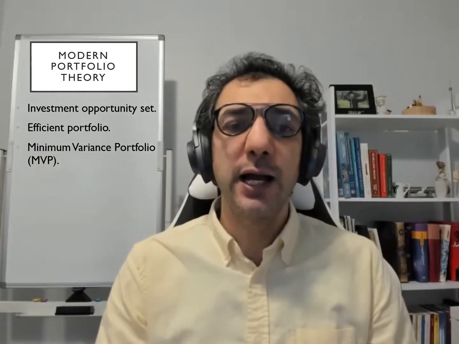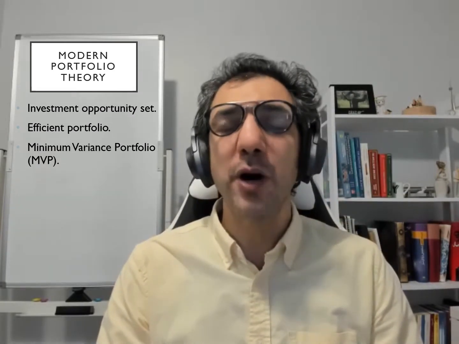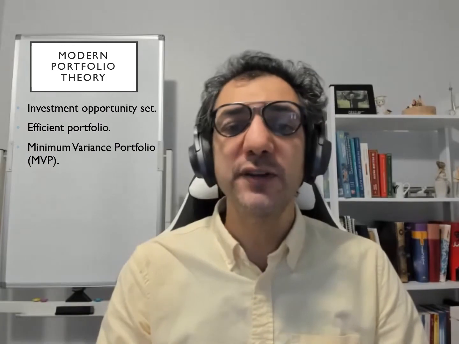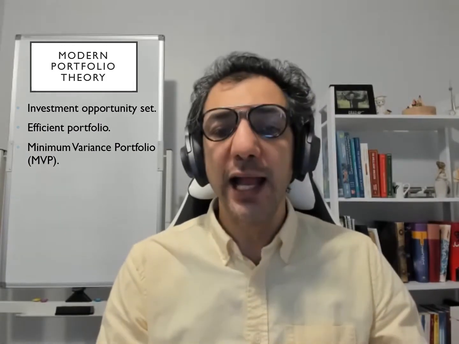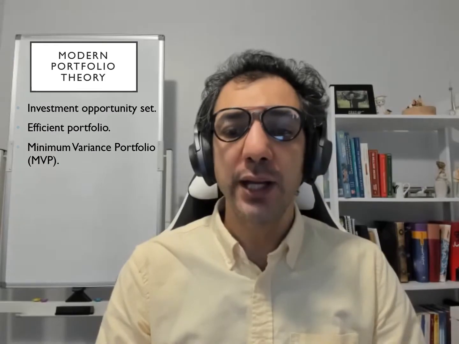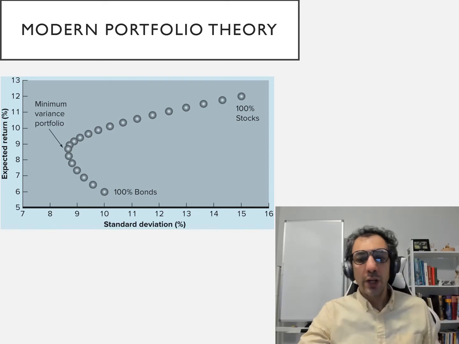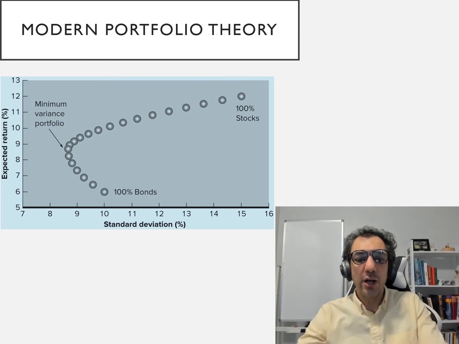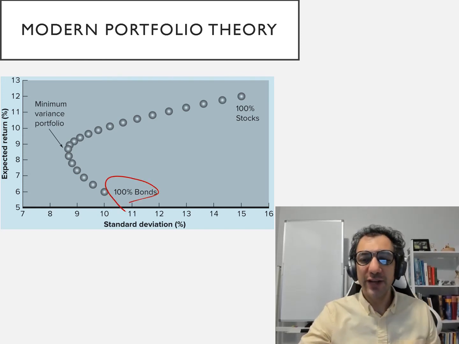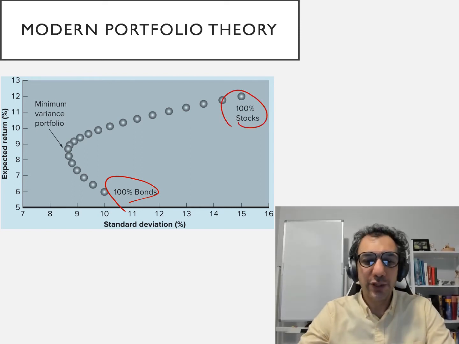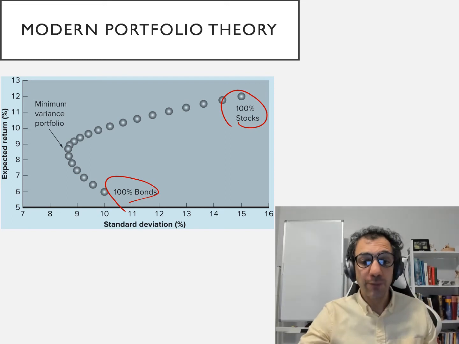To explain this modern portfolio theory, which was actually argued by Harry Markowitz in the 1950s, let's look at the relationship between the standard deviation and expected return. Let me explain these concepts in a curve. Let's see how this MPT works. You have two assets, so you can invest either 100% in bonds, that's your risk-free asset, mainly T-bonds, or you can invest 100% in stocks, or any other combination: 20%, 80%, 50-50, different combinations.